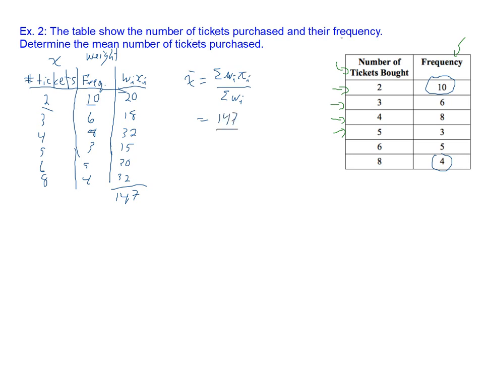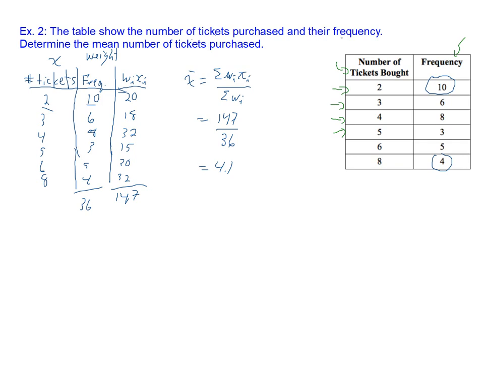And our denominator in this case is the sum of the weights, or the number of frequencies. So again, this is the total number of tickets sold. So if we add these up, we should get 36, if I've done that correctly. And then we could take our 2 values and divide them, which gets about a value of 4.1.